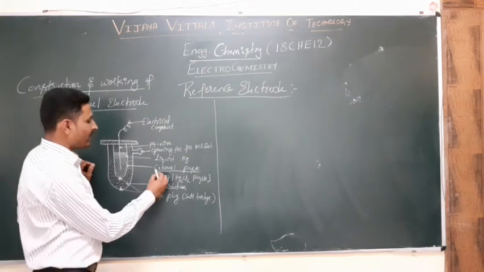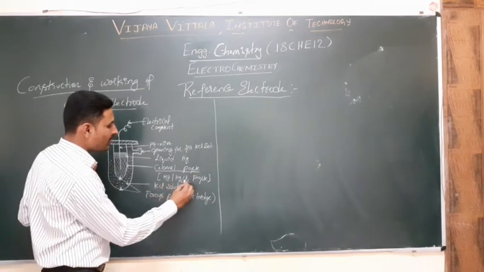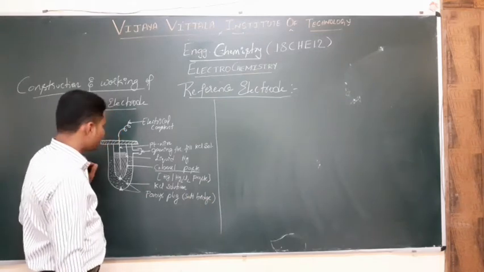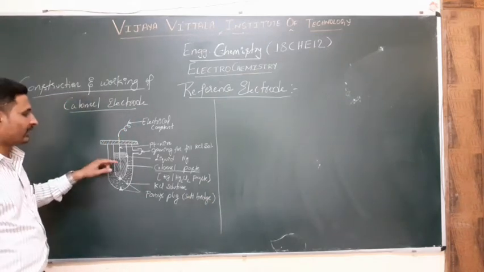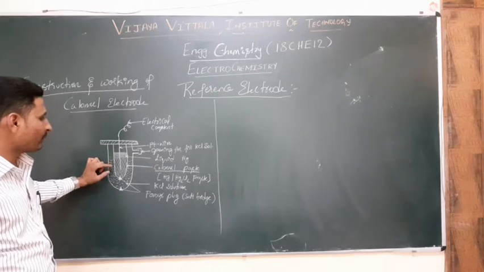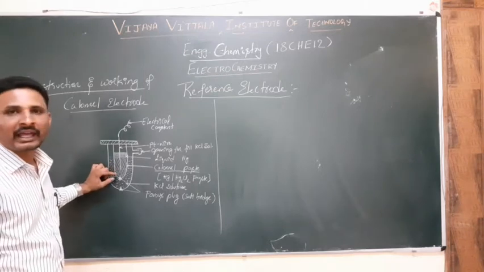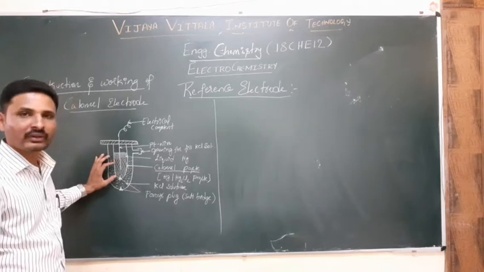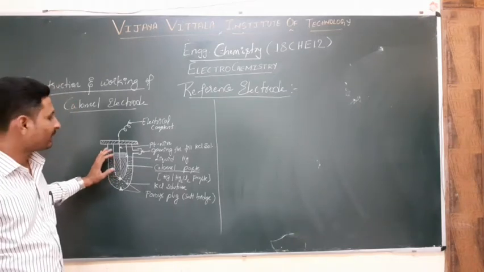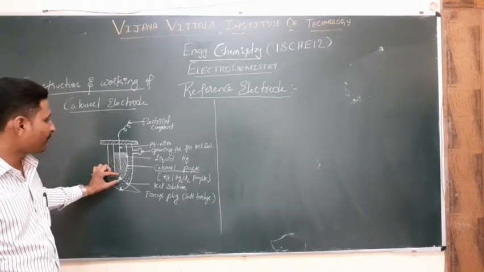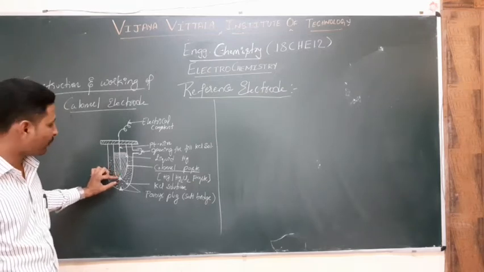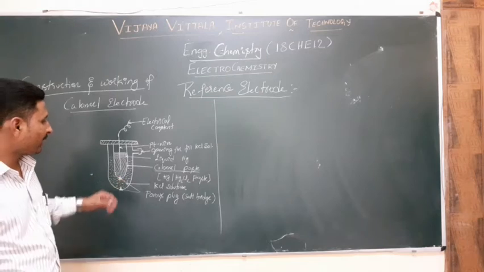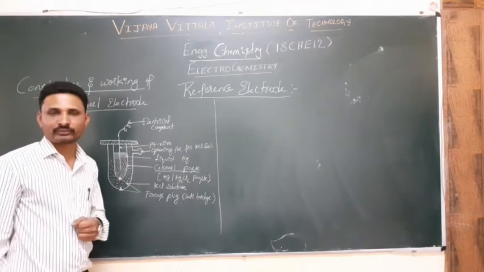The calomel paste, that is mercury 1 chloride paste, is filled into a narrow glass tube. This is the glass tube, and this is the porous plug at the bottom end of the glass tube.